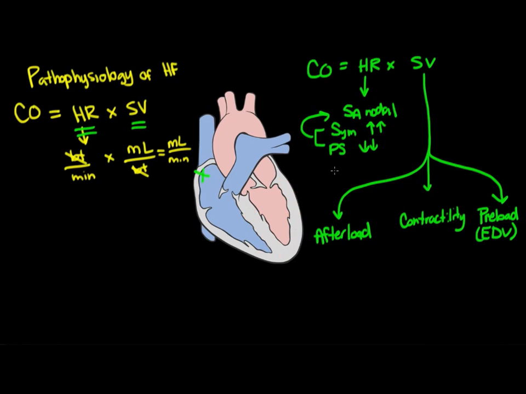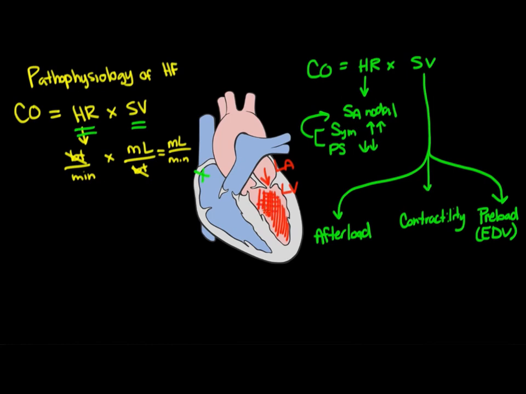And so finally, the last variable is called preload. And preload is really just how much blood is coming in and filling the ventricle before it gets pumped out. And the reason you see EDV, which stands for end diastolic volume, is that at the end of diastole, all the blood has come from the left atrium and into the left ventricle to fill it before it ejects.